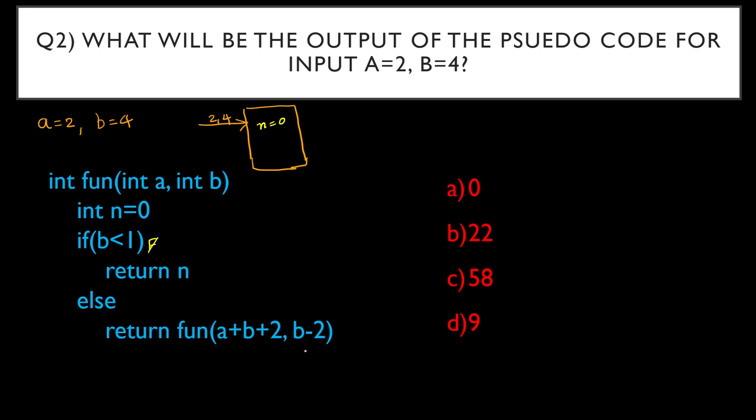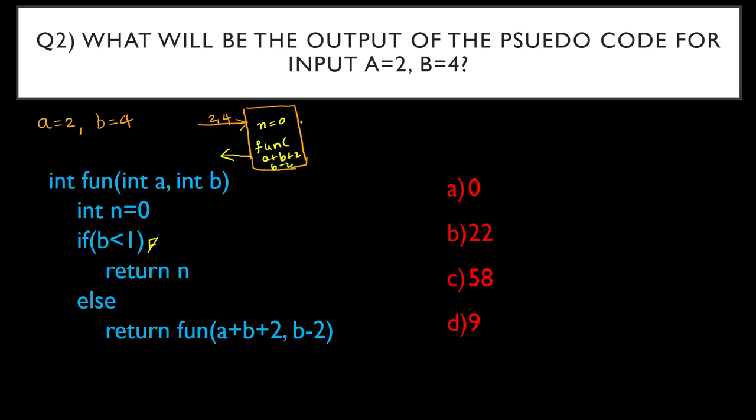Okay, so we are calling the function again, and whatever value that function call returns, we are going to return here. So we are going to return fun of A plus B plus 2 and B minus 2.